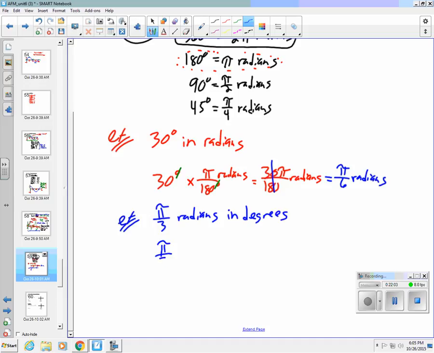Pi over 3 radians, multiply by 180 degrees over pi radians. That's our radians cancel. We have 180 pi over 3 pi. So the pi's cancel out and 180 divided by 3 leaves 60 degrees.